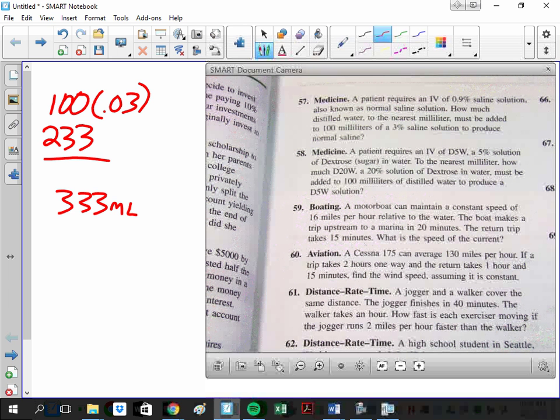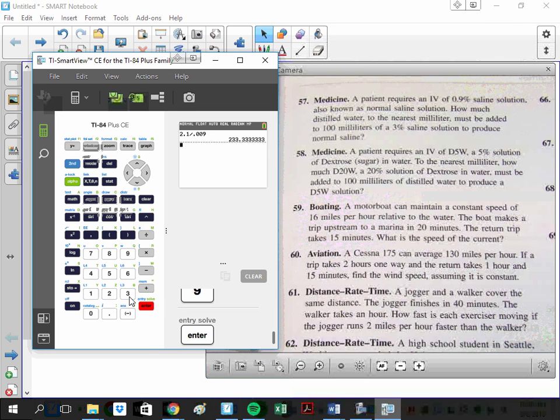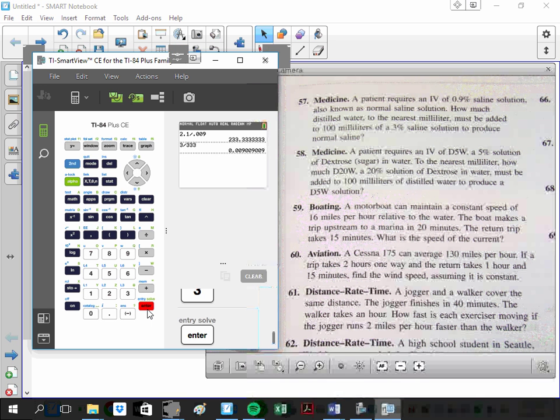So the amount of salt in here is 3 milliliters essentially, right? So what is 3 divided by 333? Is that what we wanted? Now why isn't it perfect? I have 0.009, 009, 009. I rounded my 233 off.